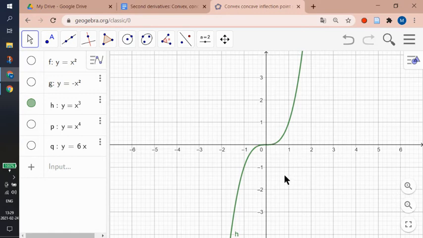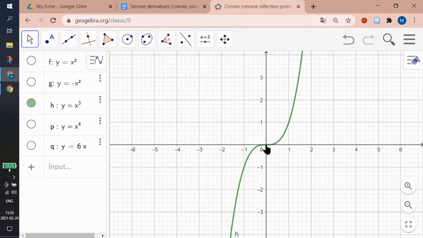In Swedish, we would also call this a terrasspunkt, and I've been using the word terrace point. We say terrace point when the first derivative is also 0 where we have an inflection point, so the slope is 0 at that point.